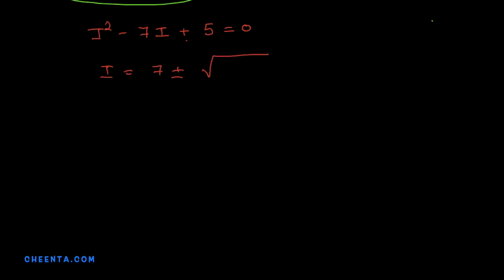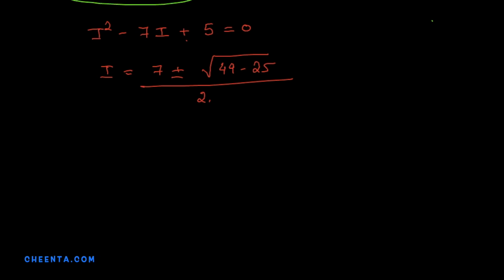You set this equation equal to 0. You find the roots of this quadratic, so you use the quadratic formula. I is equal to 7 plus or minus the square root of 49 minus 20, divided by 2.